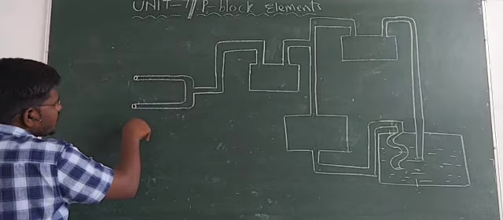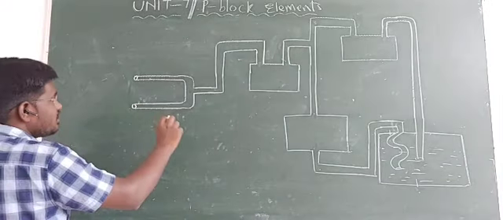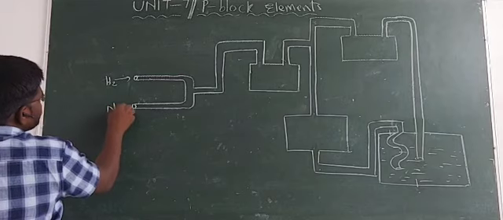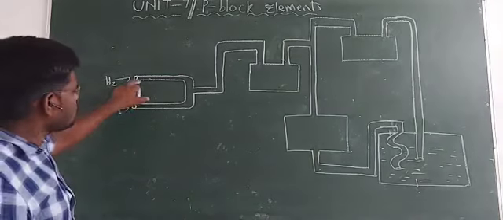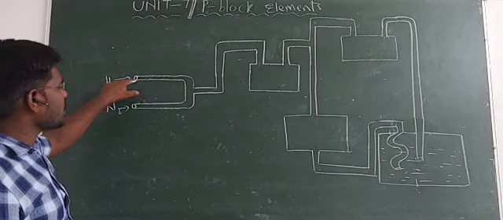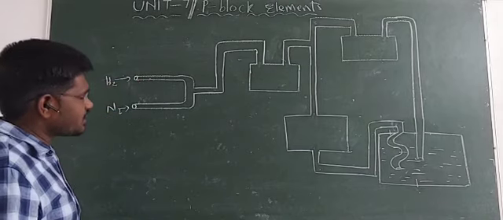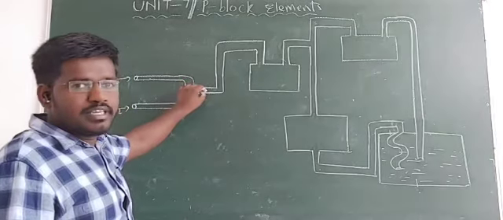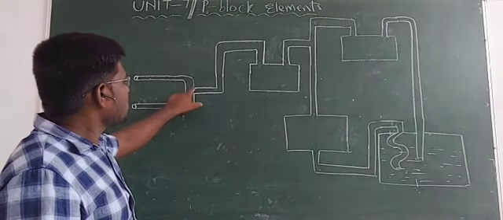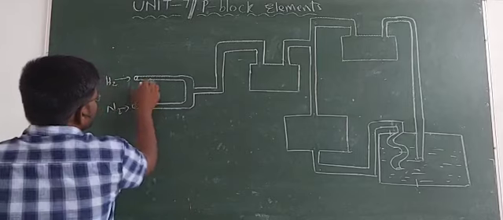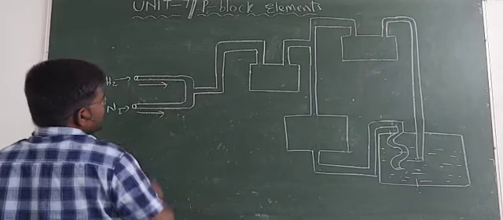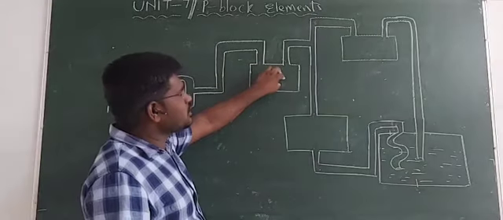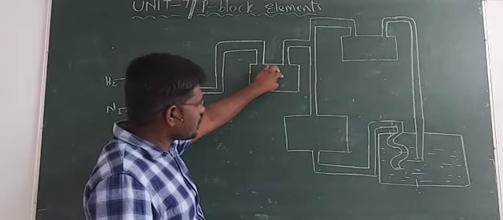Through these two inlets we send hydrogen gas and nitrogen gas. From here onwards both gases are mixed. The mixture of N2 and H2 enters the first chamber, which is known as a compressor.